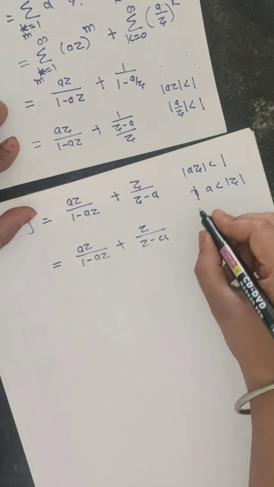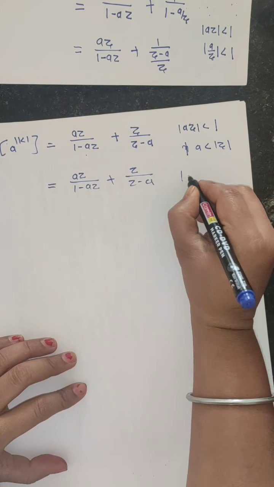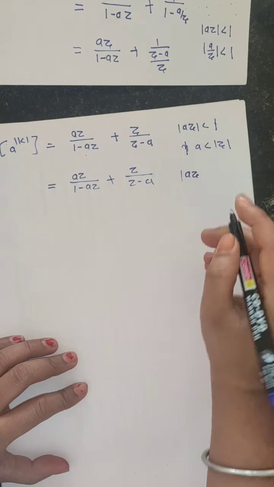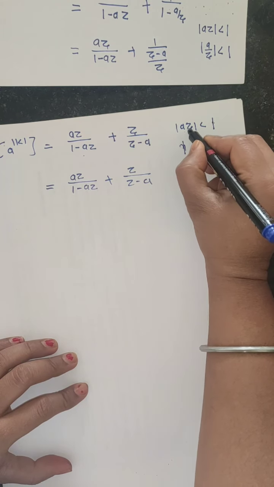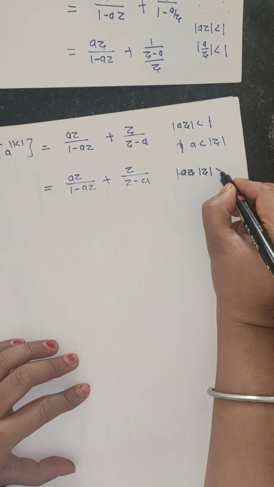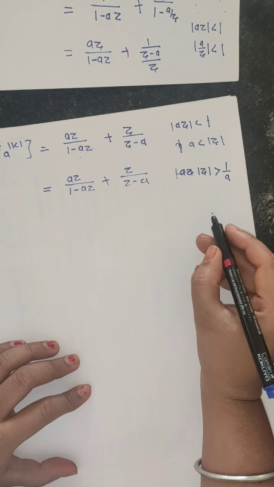So here the region is modulus of az less than 1. That means divide both sides by a. So we get modulus of z less than 1 upon a, and here a is less than modulus of z.